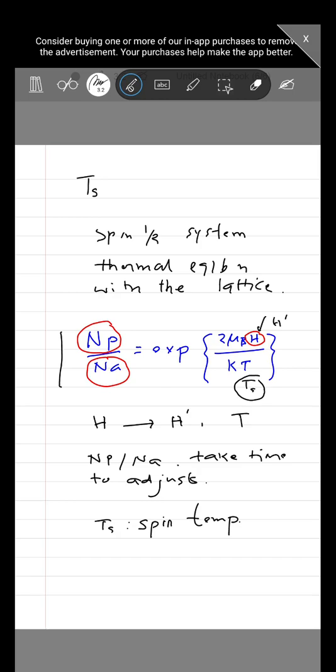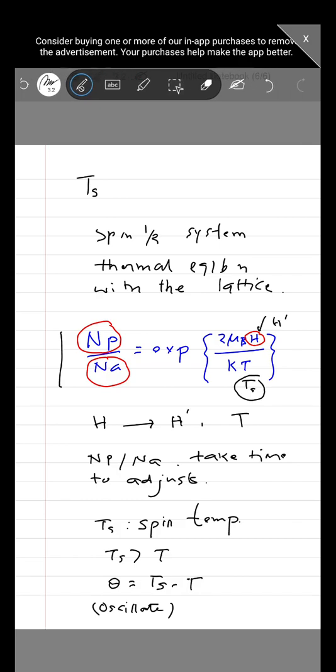And so if H has been increased to H dash, T should also be increased to Ts to maintain the ratio, so Ts is greater than T. Now, if the field is oscillating, we have a difference between the two, say theta, which is Ts minus T. So this difference will also oscillate if we have an oscillating magnetic field.